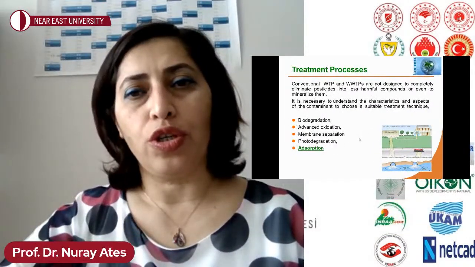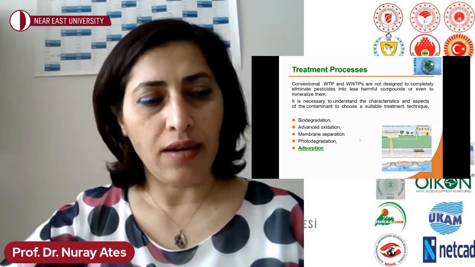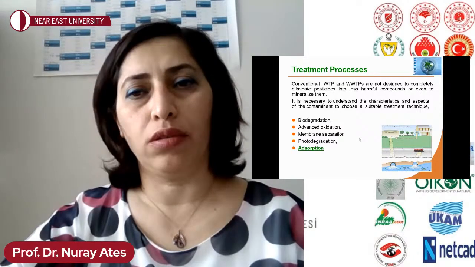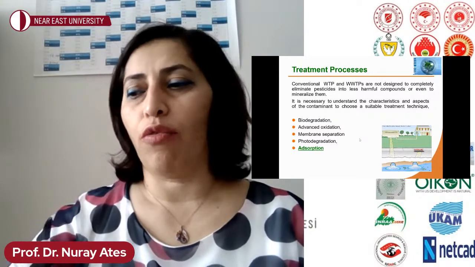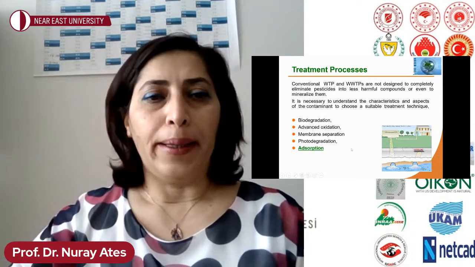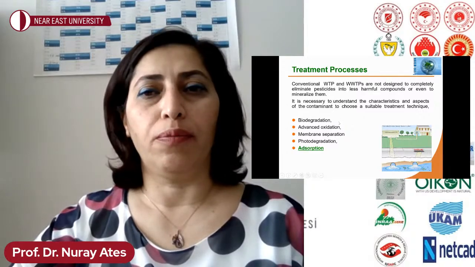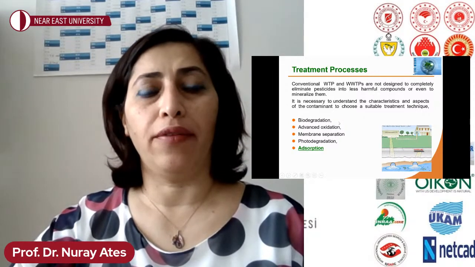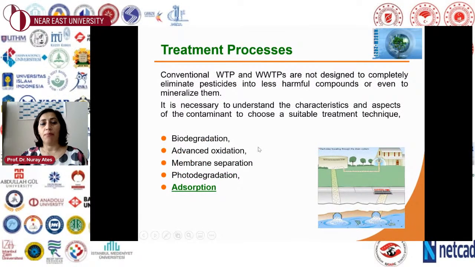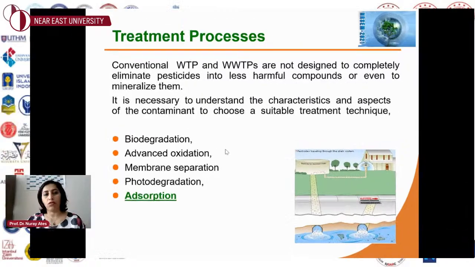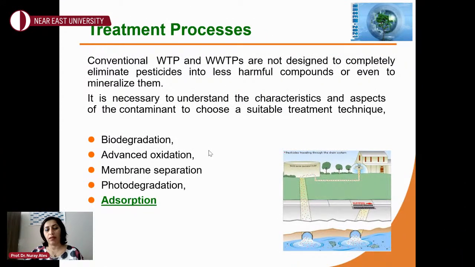Choosing a suitable treatment technique is strongly based on the characteristics and aspects of the pesticide. Examples of suitable treatment techniques can be biodegradation, advanced oxidation, membrane separation, photodegradation, and adsorption. Compared to the other methods, chemical sorption was lower cost, more efficient, and faster than biological methods.